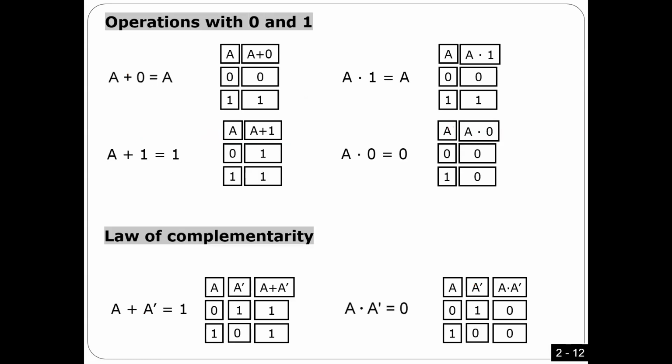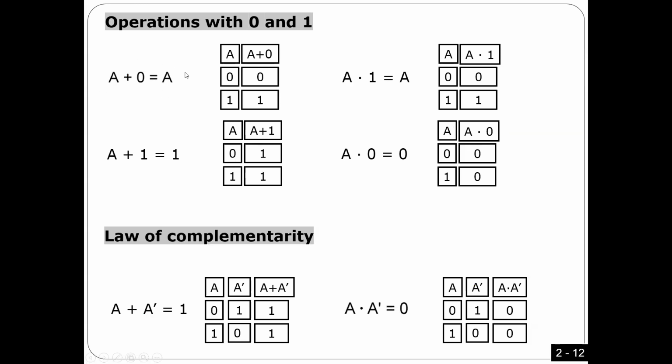And then I started to explain some rules. For example, A OR 0 is A. You can prove this one by logic, or you can prove all of them using a truth table. For example, if I want to prove something like that, again A is just one bit.